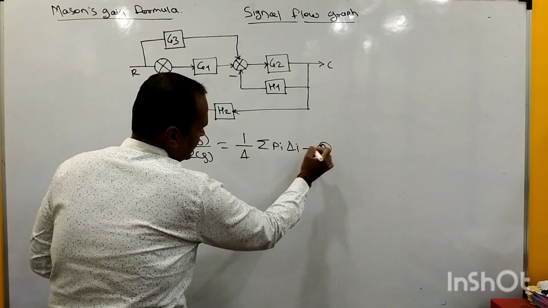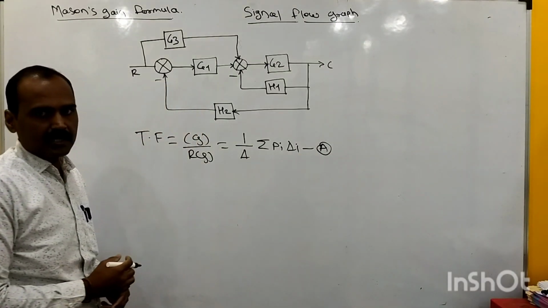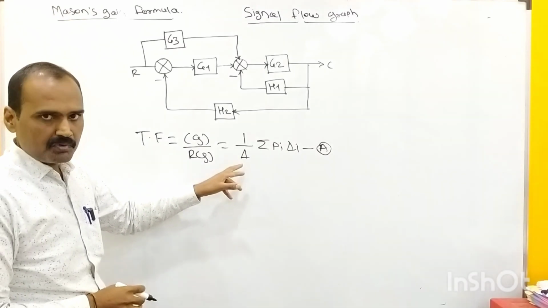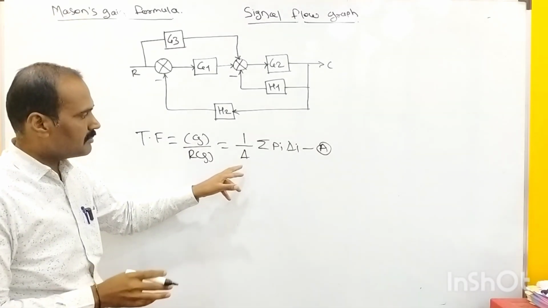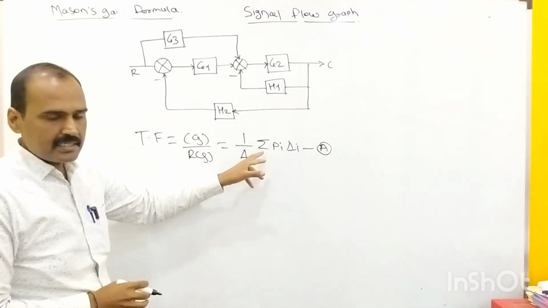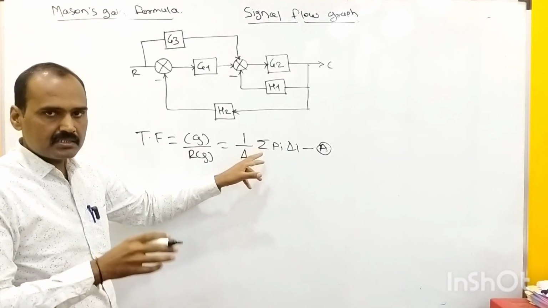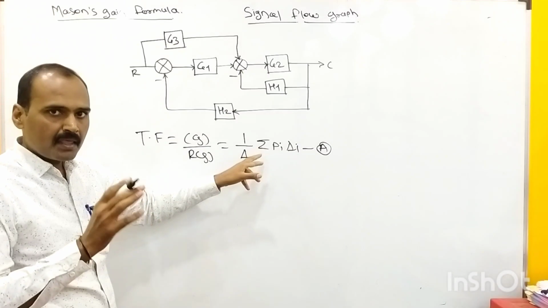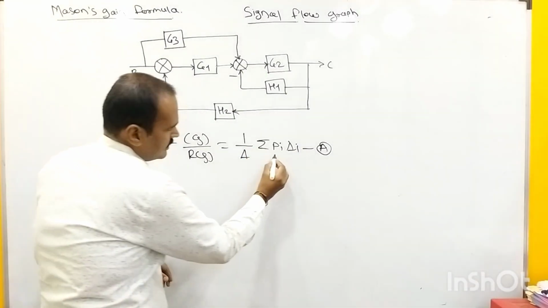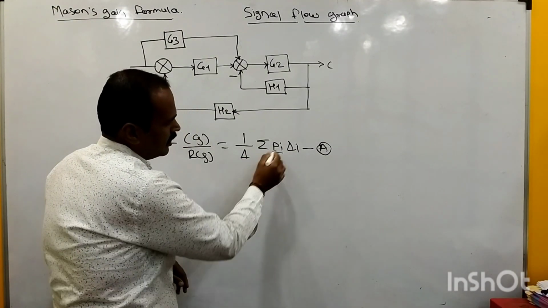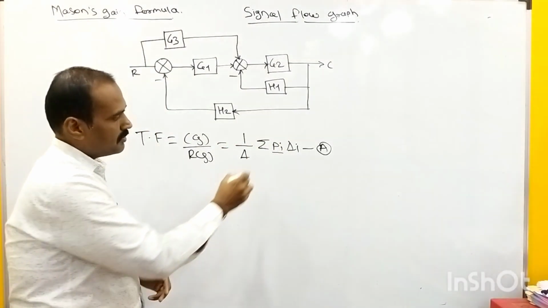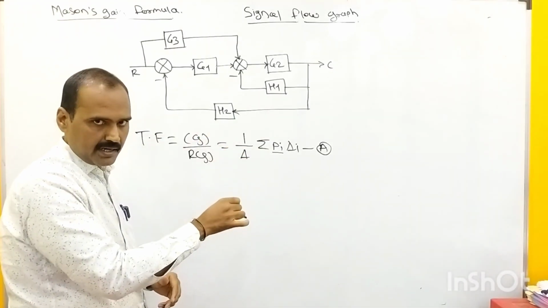Marking this as equation A, delta stands for the system determinant. The number of times the summation sign is iterated depends on Pi, that is, on how many forward paths we have.